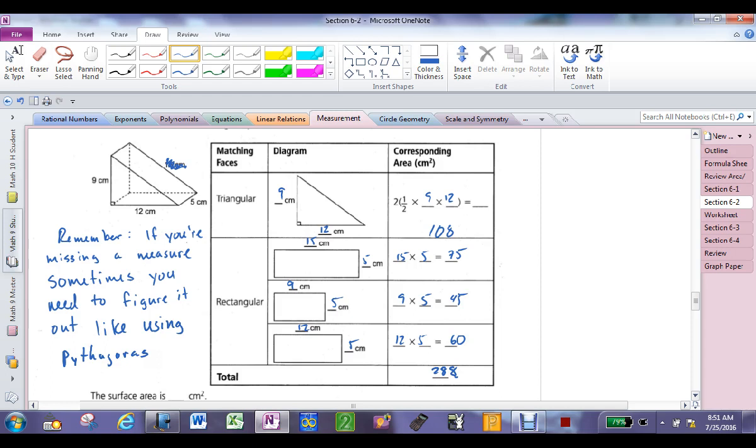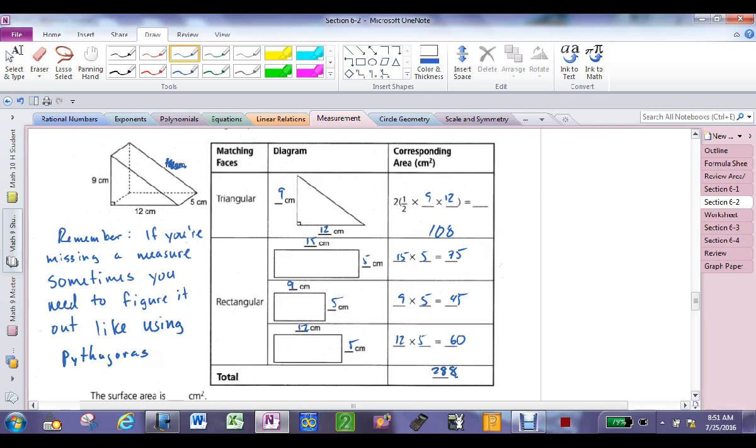A triangular prism? A rectangular one? No. A circular one? Oh my god. No. Cylinder. It's a cylinder. What is a cylinder?